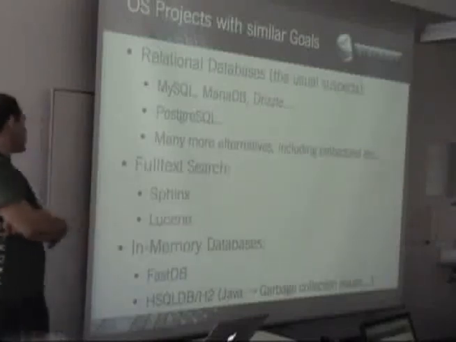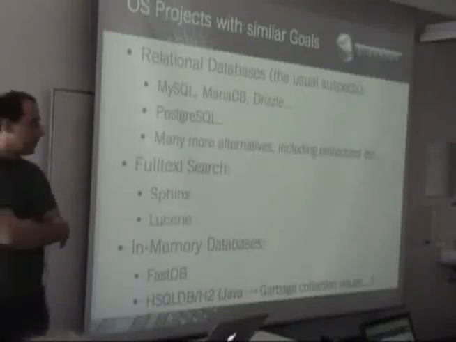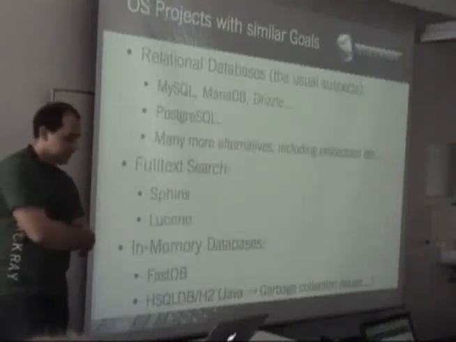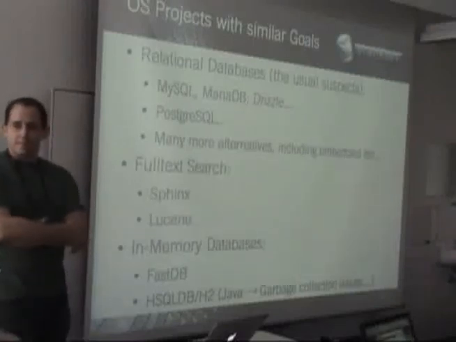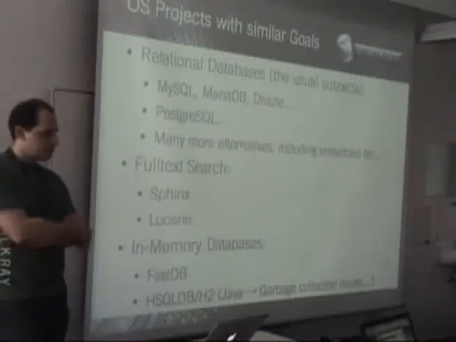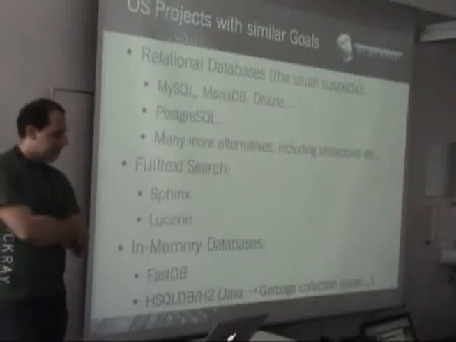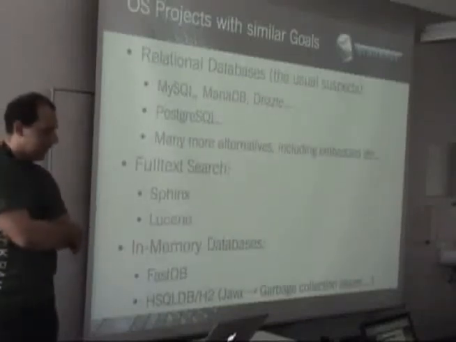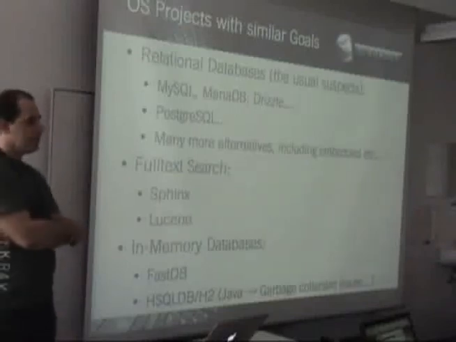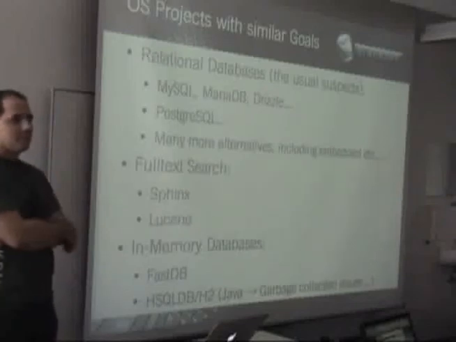There are full-text search engines such as Sphinx or Lucene, and Sphinx is a very nice engine. It just has some issues with some of the features we needed, and therefore was not a good choice. We had a very nice chat with the Sphinx guys in San Jose at FrOSCon. And there are in-memory databases such as FastDB, H2, HSQL, which are of course written in Java, so they have a little bit of problems with garbage collection.